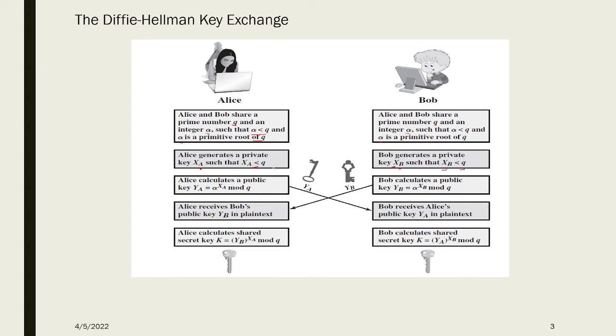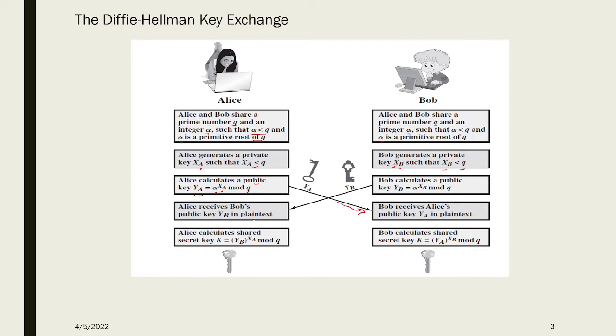Once Alice generates a private key, she will calculate a public key using the formula YA is equal to alpha power XA mod Q. Here alpha is already known, XA is the private key that is generated, and Q is also already known. So the public key YA is calculated, and this public key will be shared with Bob.